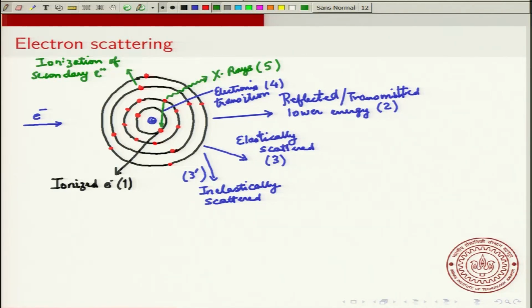These are not directly knocked out by the electron, but they are secondary electron ionization. These are also called Auger electrons. Let me call this 6.